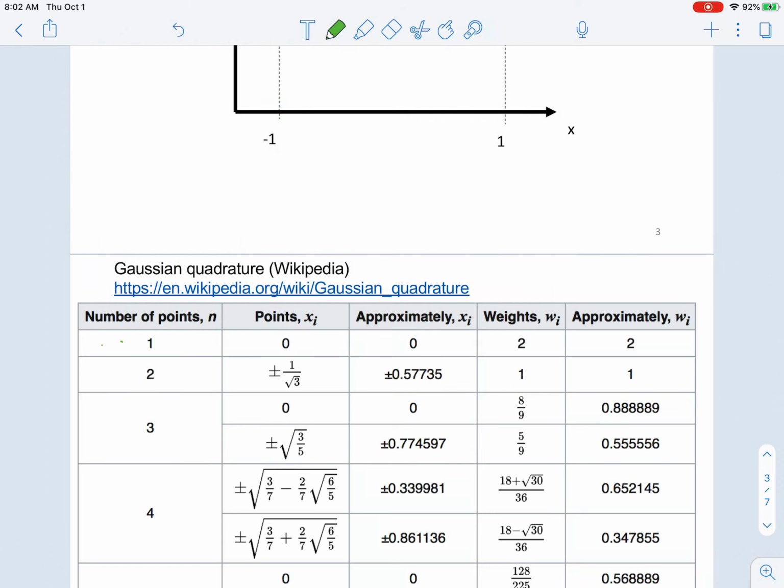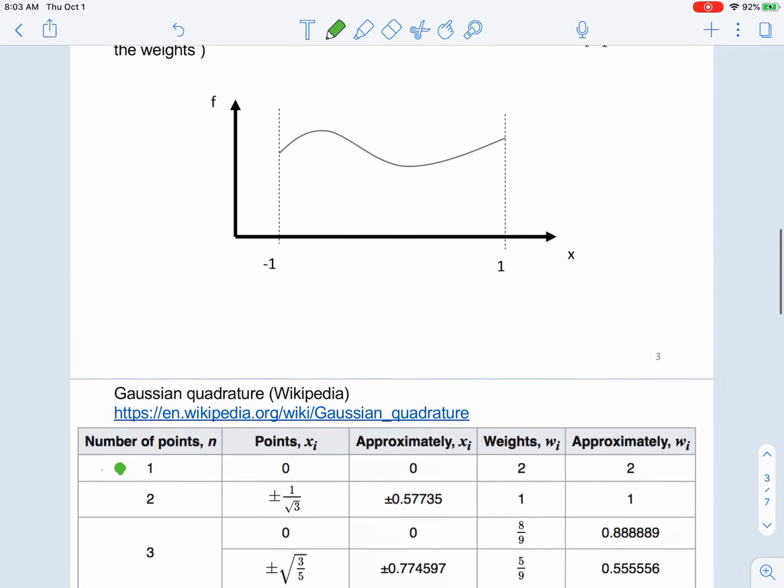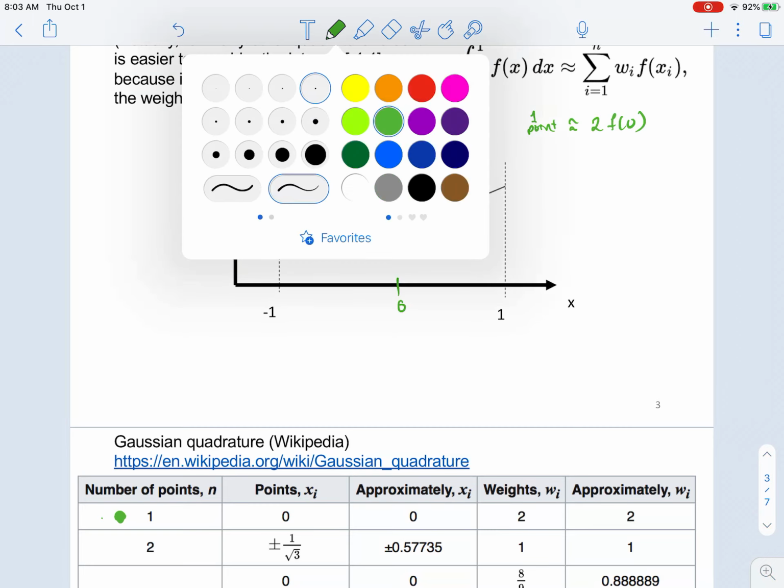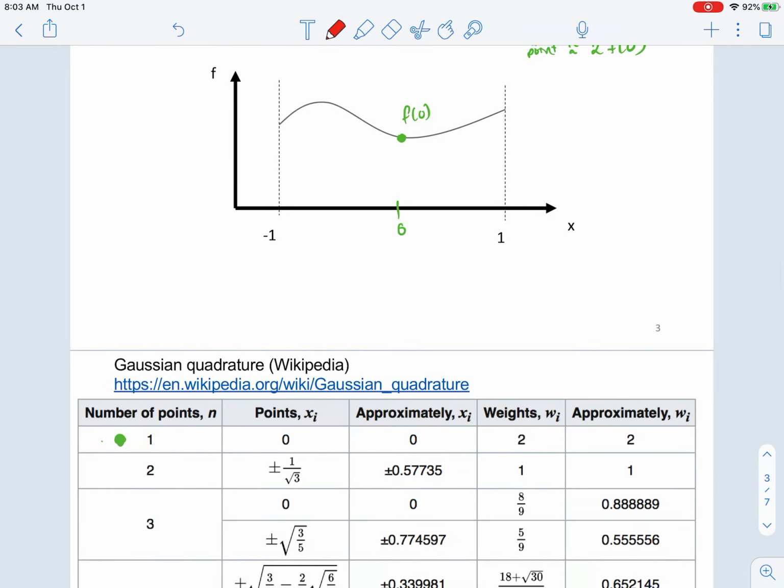So for example, if you can only evaluate the function at one point, then your best point is at x equals 0, or well, I'm using x here, this will become xi, but basically at 0 you evaluate your function, so this is f at 0, right? And so for the 1 point, your best approximation is the weight, which is 2, times f of 0, if you have only one function evaluation.